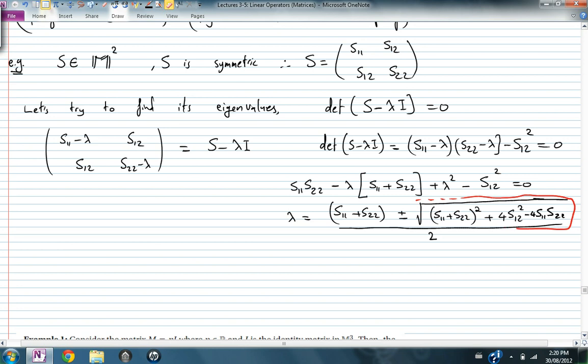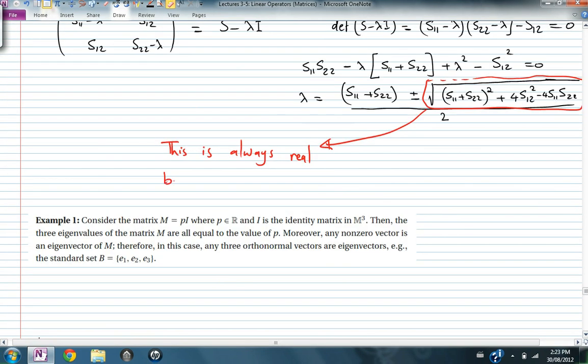If you look at the expression under the square root, this is always real because what's under the square root is always positive.